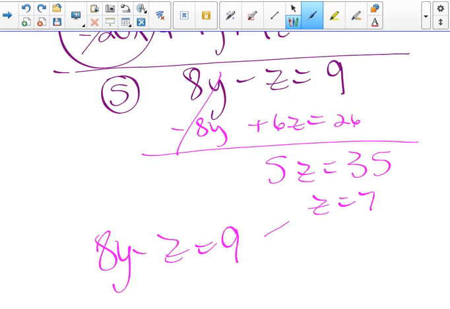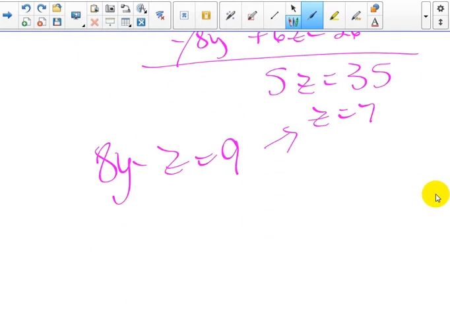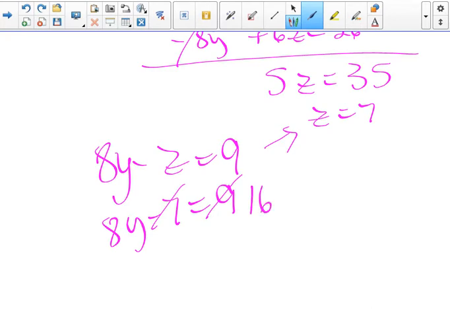And we said that z is equal to 7. So it's going to be 8y minus 7 equal 9. We'll add 7 to each side, and you get a 16. So 8y equals 16, divide both sides by 8, and you get y equals 2.